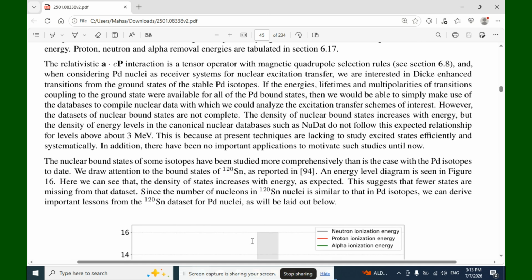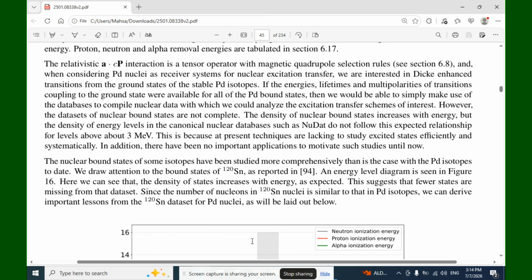If the energies, lifetimes, and multipolarities of transitions coupling to the ground state were available for all of the palladium bound states, then we would be able to simply make use of the databases to compile nuclear data with which we could analyze the excitation transfer schemes of interest.